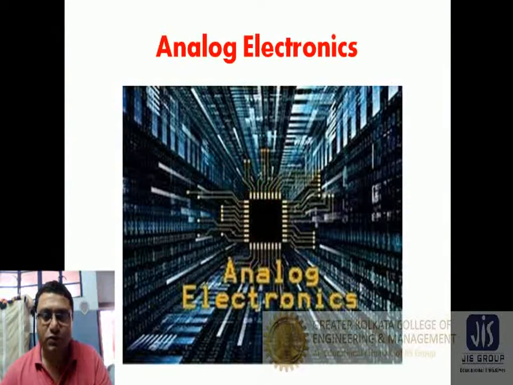In this video, we are going to study the different topics of analog electronics and its applications, how analog electronics apply in our different fields of electronics. We are going to study its different circuits and parts, explaining them one by one in this topic.